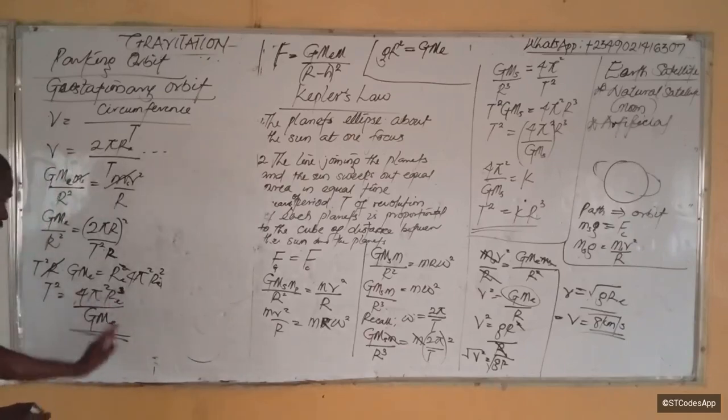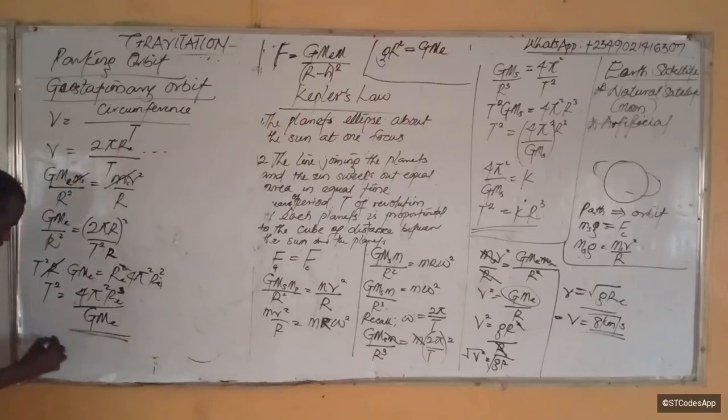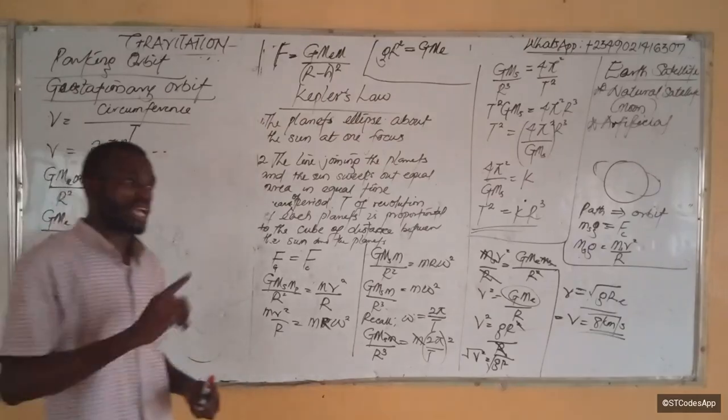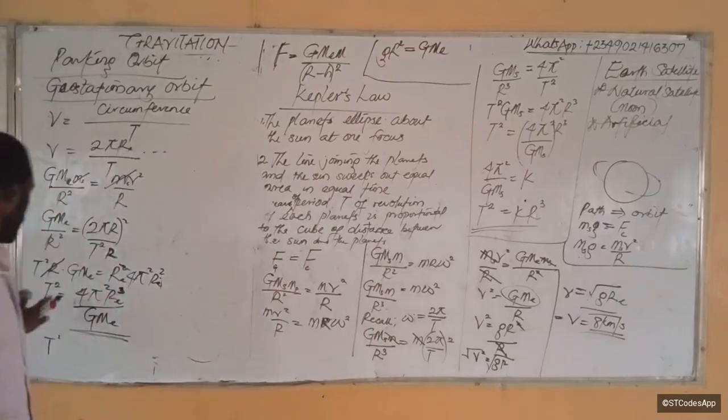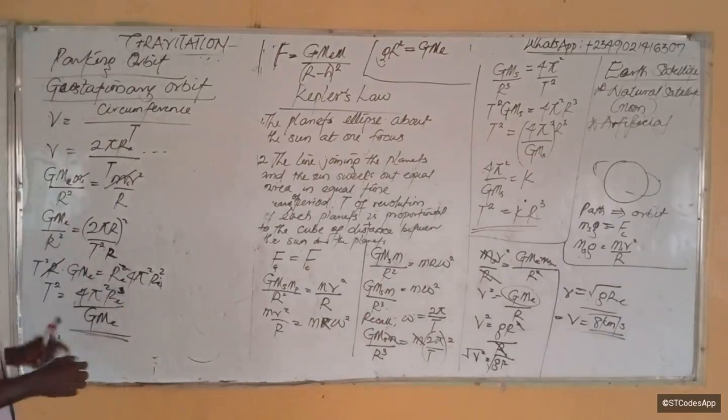These are all constants. By the time you plug in the values, you get the actual period of the Earth. Then you take the square root and you will be able to get the actual period at which that thing must be rotating.